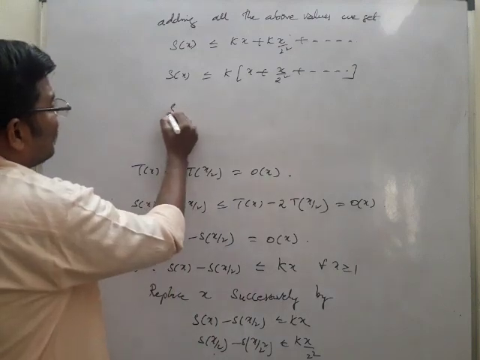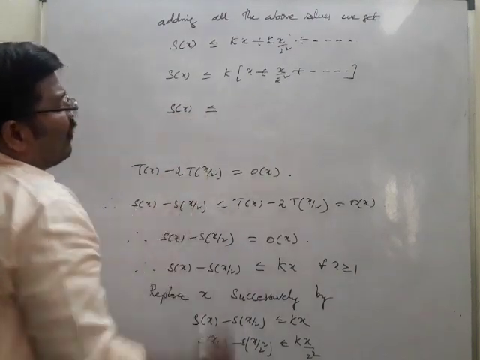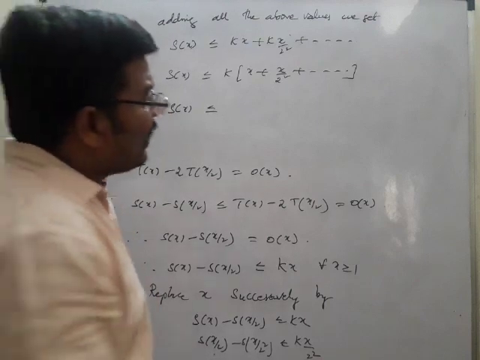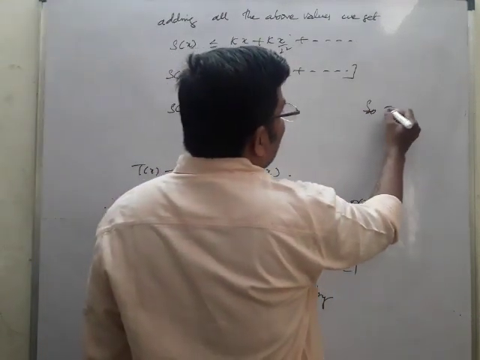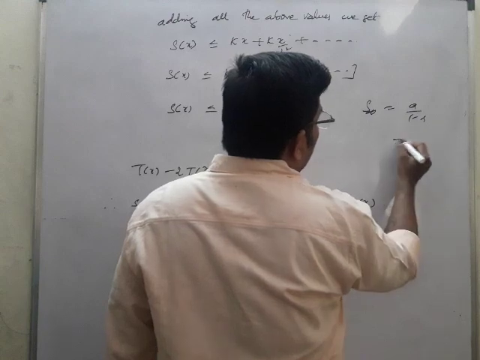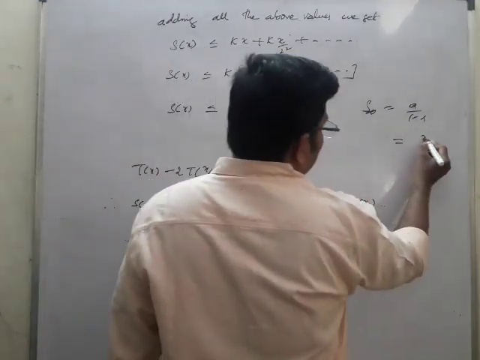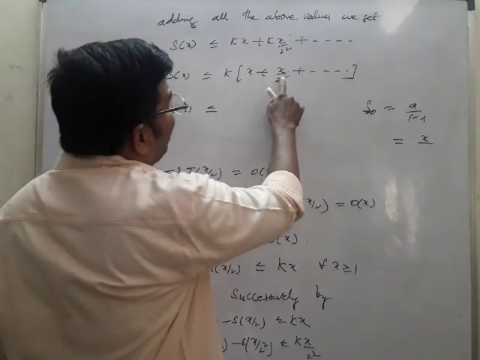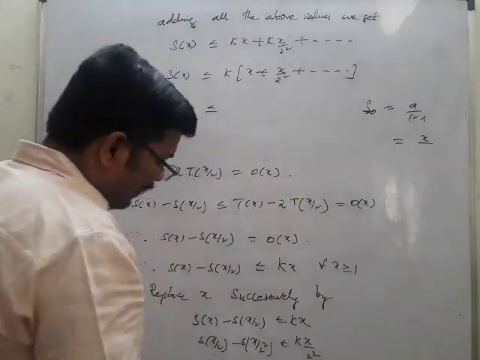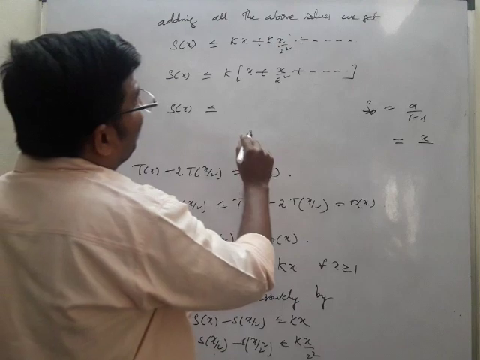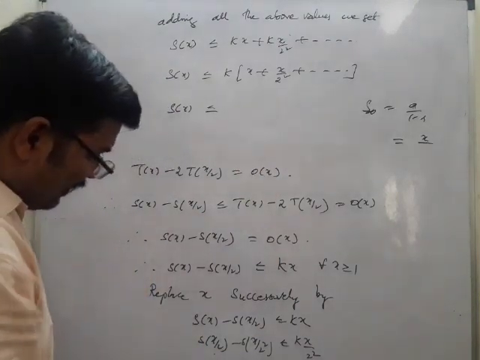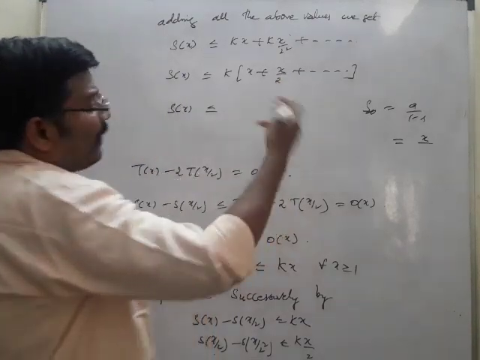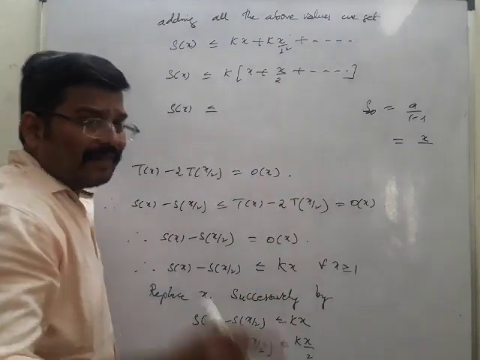Now this goes to infinity, so the sum to infinity is equal to a by 1 minus r, where a is x. The ratio r is x by 2 divided by x, which is 1 by 2.